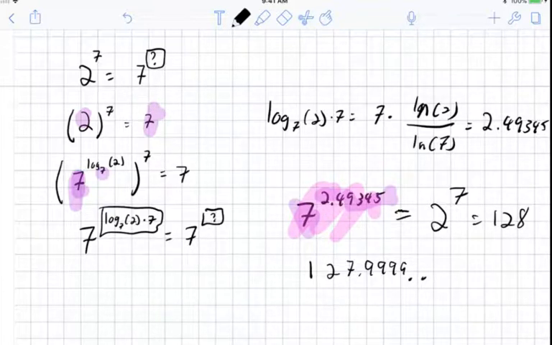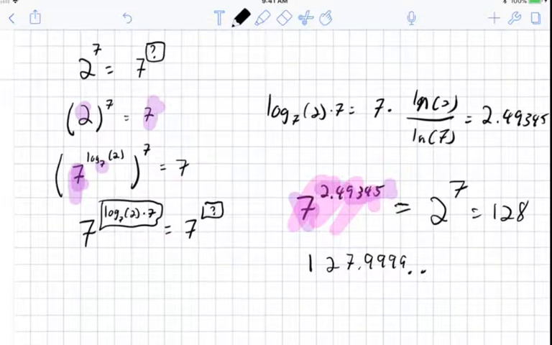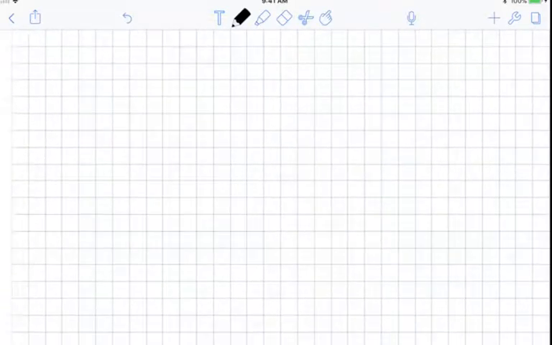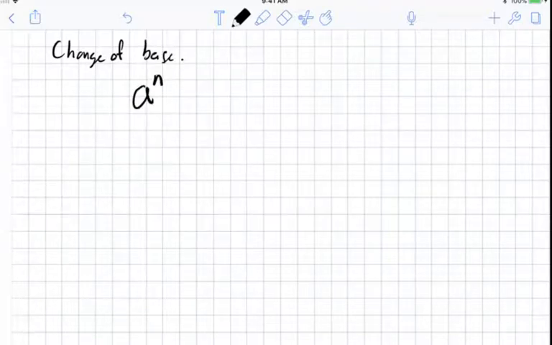So that's the trick. Let's review. Change of base. Somebody gives me an exponential and asks me to rewrite it as b, some other number, to some power, and they ask me what the exponent is.